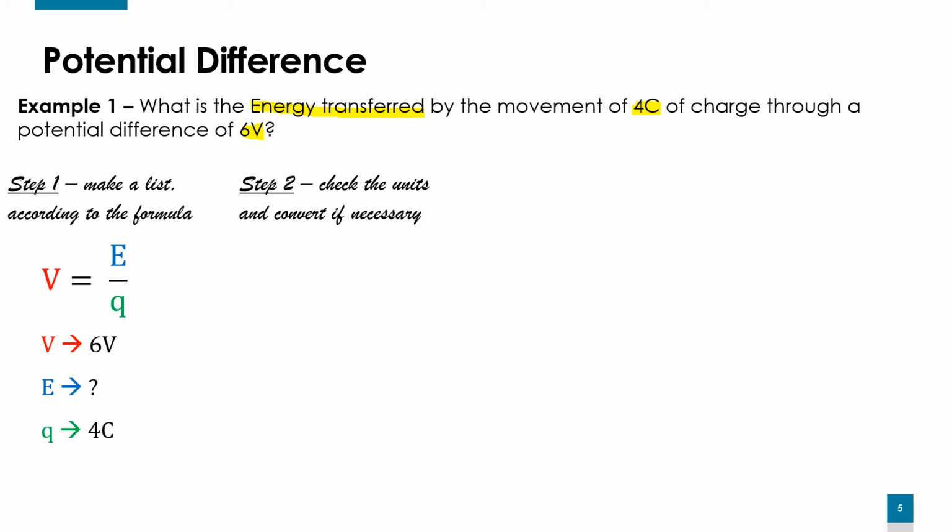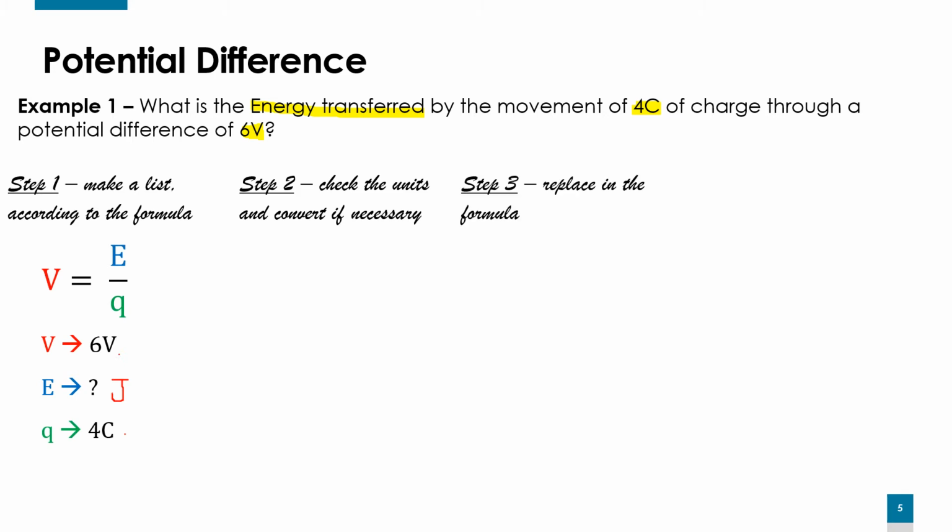Step 2, check the units. So for the units, my potential difference should be in volt, yes. And my charge should be in coulomb, yes. Then my energy will be in joule. Okay? Now, step 2, done. So I don't need to make any change.